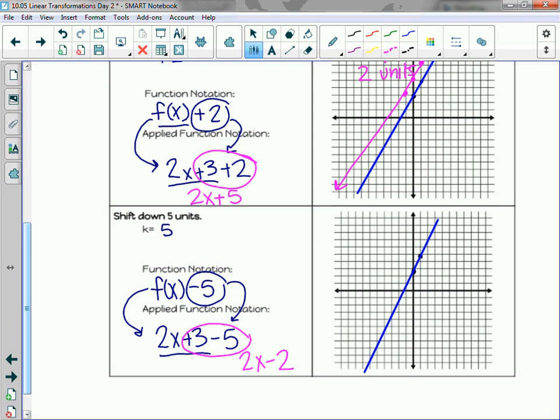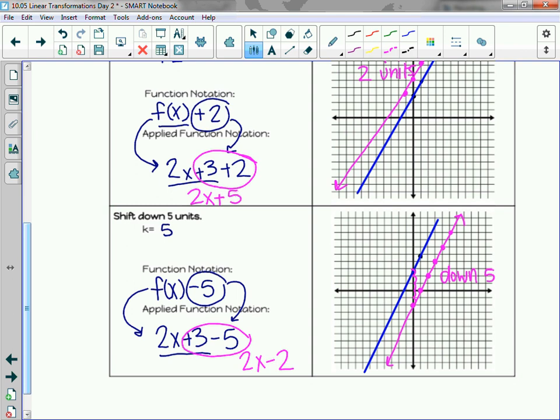So when you graph it, go ahead and graph. Pause the video if you need to. We'll see we went down 5, because 1, 2, 3, 4, 5.